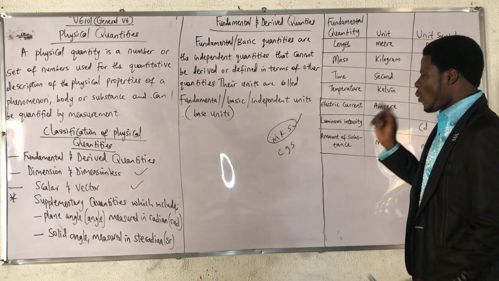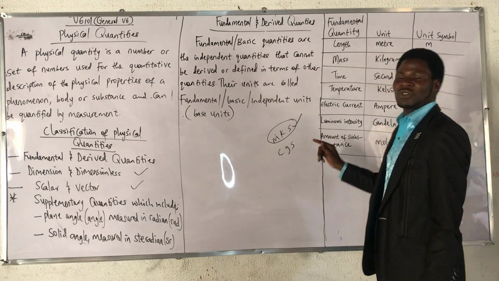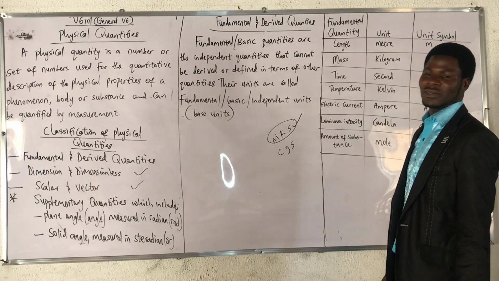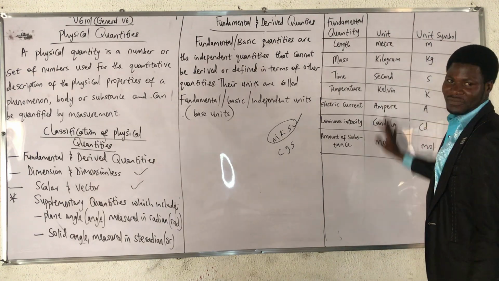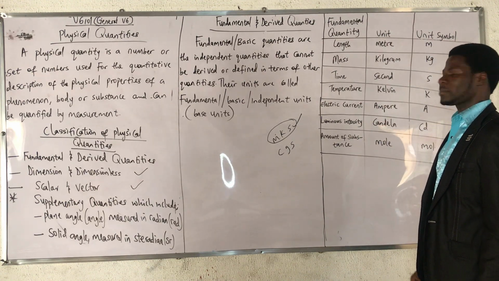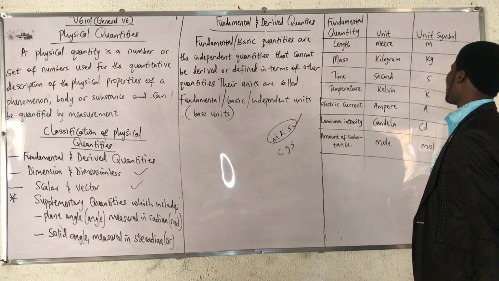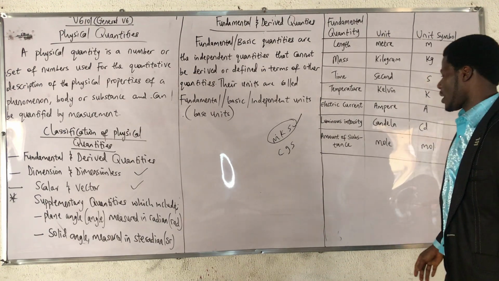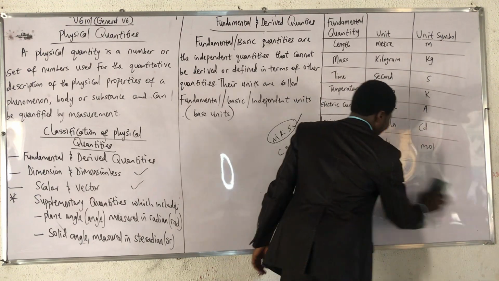Hence, state one significant difference between fundamental and derived quantities. 4 marks. So these are all the fundamental quantities we have. The unit symbol can also be called unit abbreviation. Alright? So let's go look at derived quantities.